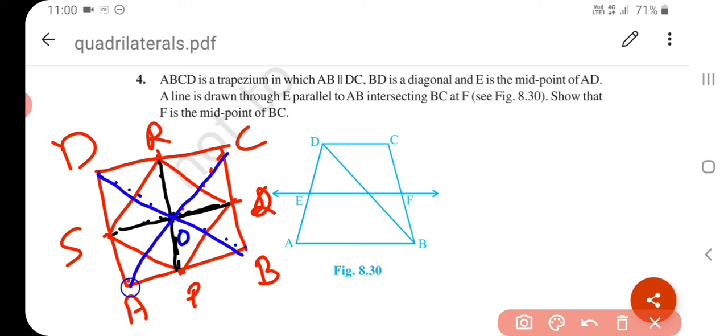Now we have to show quadrilateral PQRS is a rectangle. Understand? So we prove it by the midpoint theorem. In ABCD, see the triangle ADC.